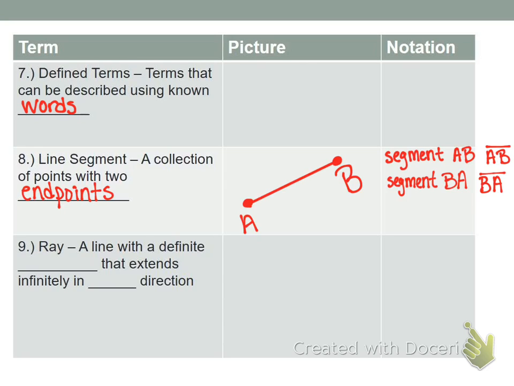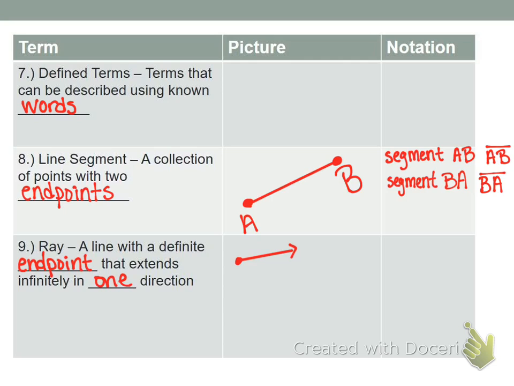A ray is a line with a definite endpoint that extends infinitely in one direction, like the band. Okay, so one endpoint, one arrow for a ray. Endpoint, line, arrow.